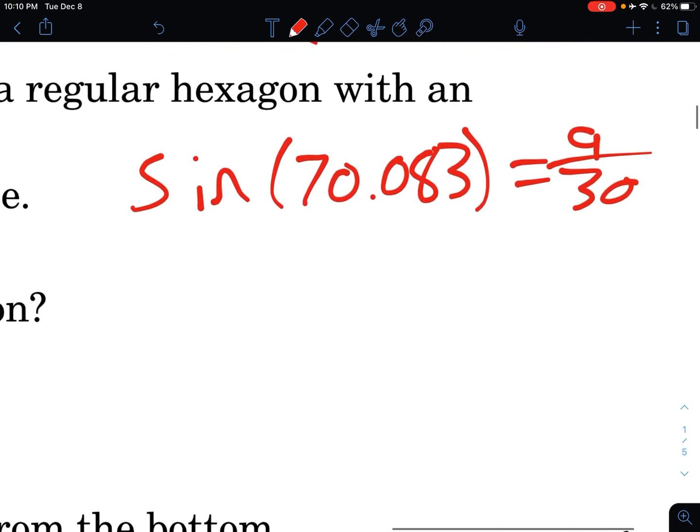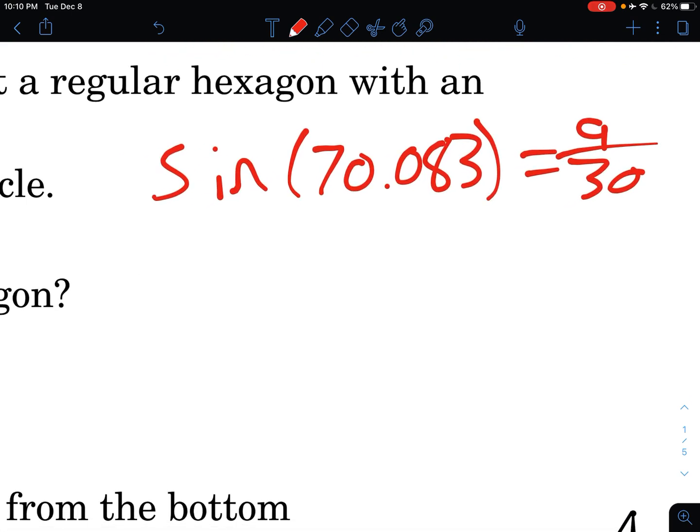And then how tall up the house does the ladder get?